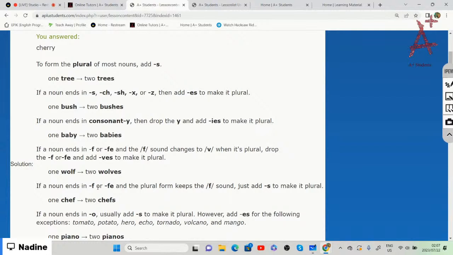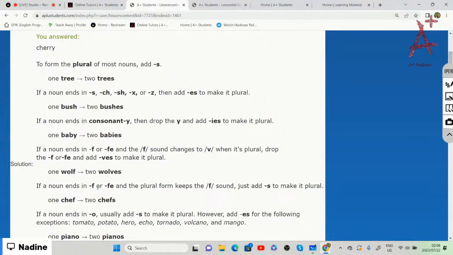Like, for example, one tree. So, of course, one meaning it is a singular tree. Once we add an s to the word tree, then it means that we now have two trees. So, one tree, two trees.